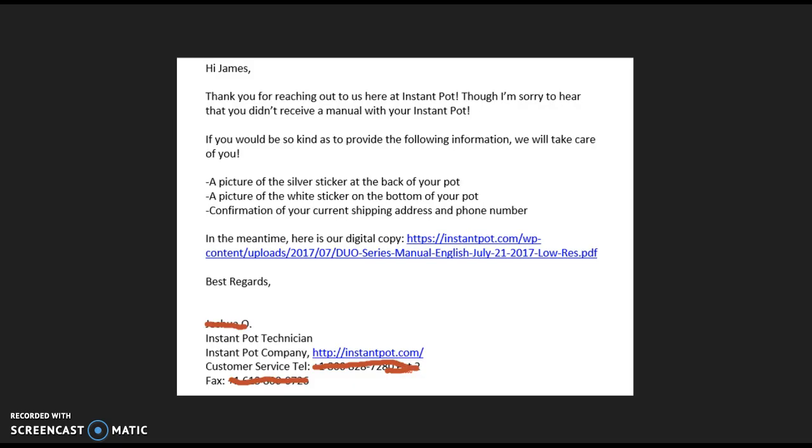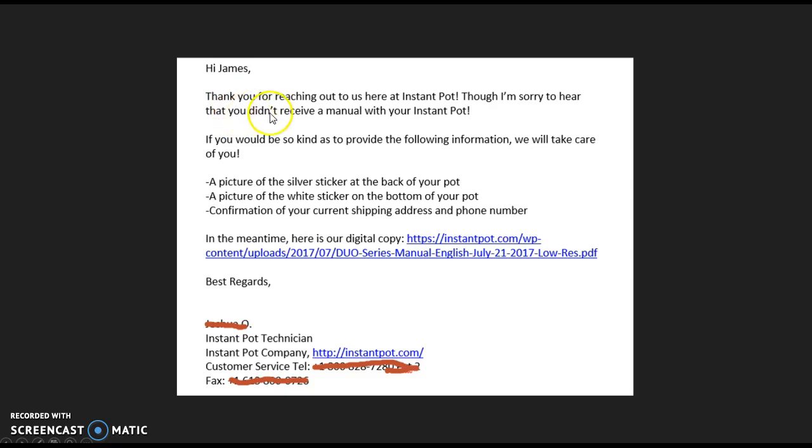Now, here's some examples. Take a read of this one. Well, basically, I didn't reply because I already found a manual for Instant Pot online.